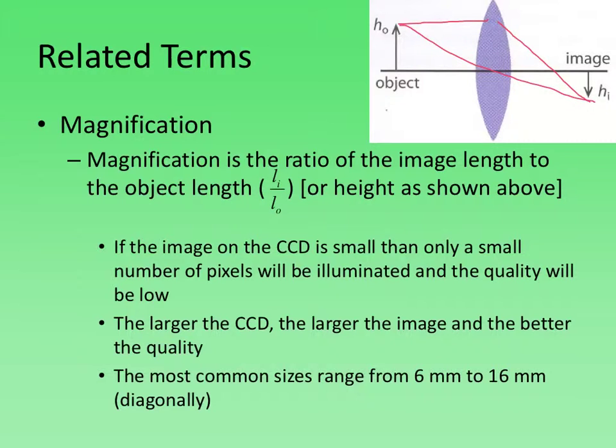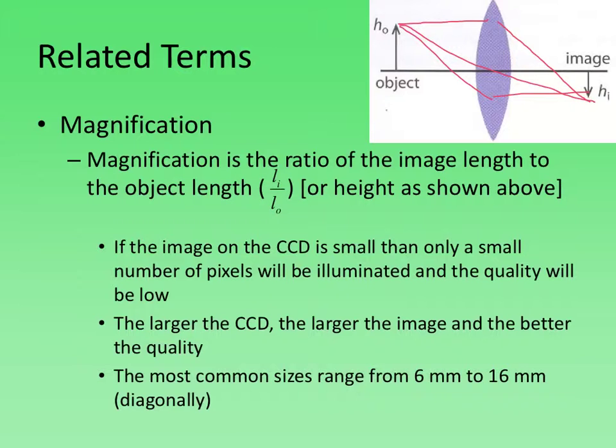And depending on the position of the object relative to the lens, there's going to be some amount of magnification. And our amount of magnification is simply the ratio of the image height to the object height. So HI over HO or LI over LO if we're talking about length, anything like that.